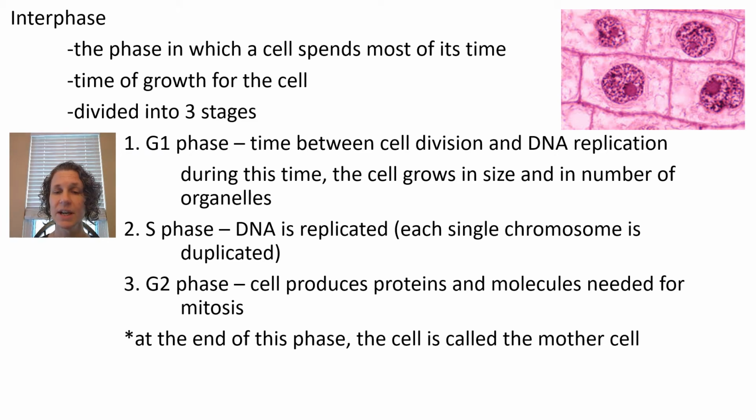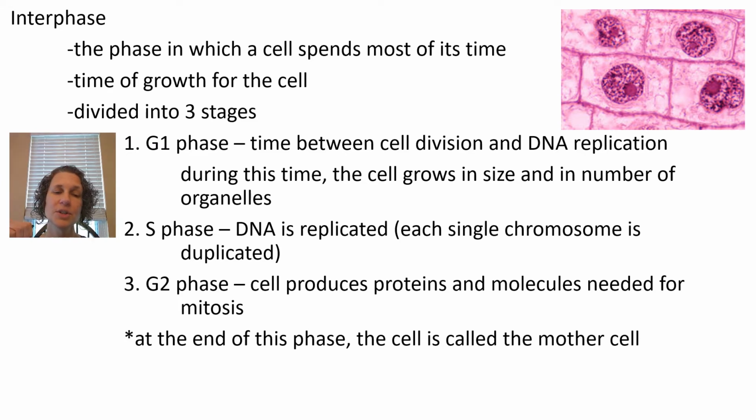This is where DNA is replicated, and each single chromosome is duplicated. So back a couple chapters ago, when we talked about DNA replication, this is where that happens, where everything in the DNA is copied and it goes through the whole process. After this phase is over, you have two sets of DNA in a cell.